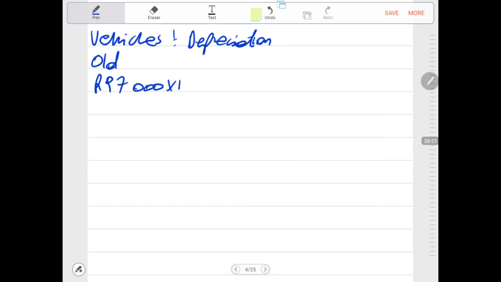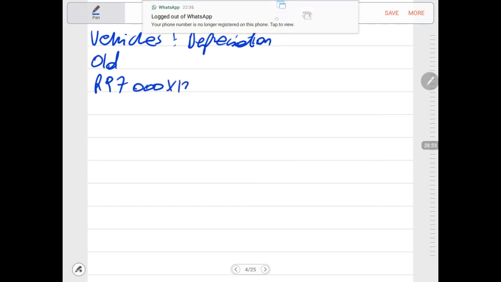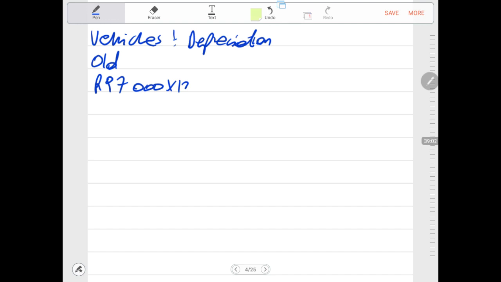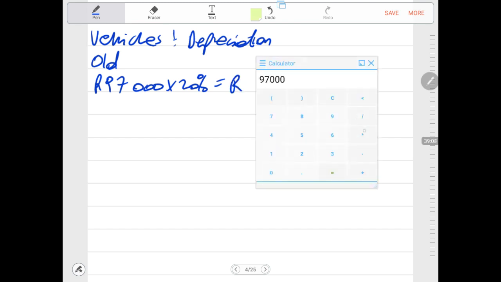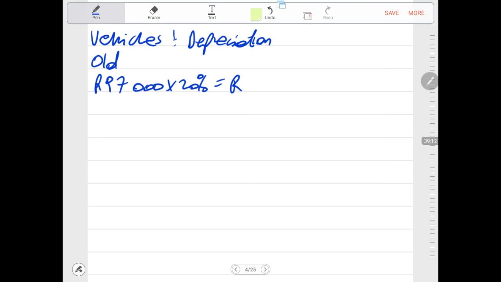We know that the old ones will be in the business for the full year. So we multiply by 20%, which is our depreciation of 20% per annum. Then it gave us 19,400, meaning depreciation for the old vehicles is 19,400.